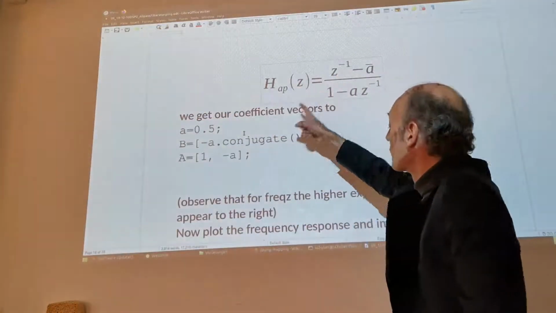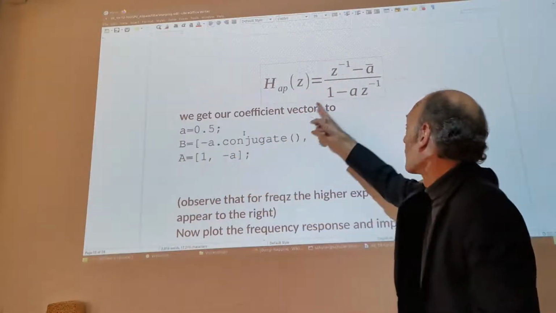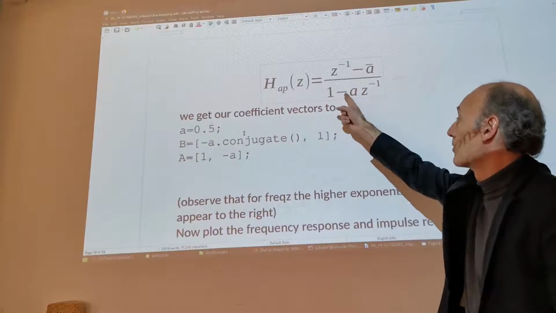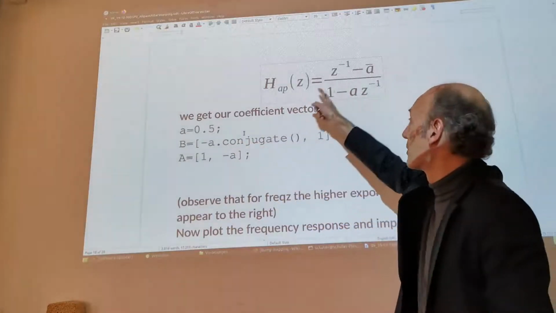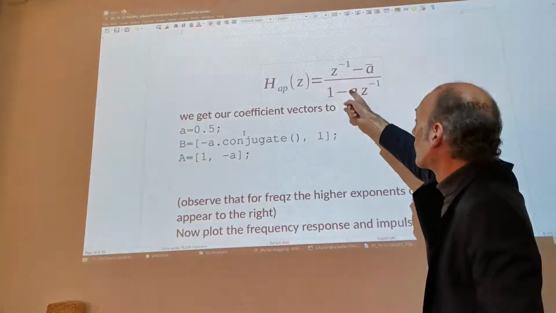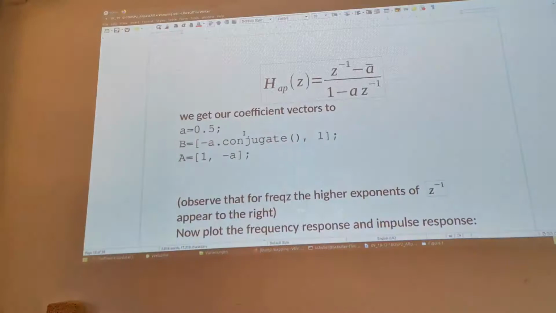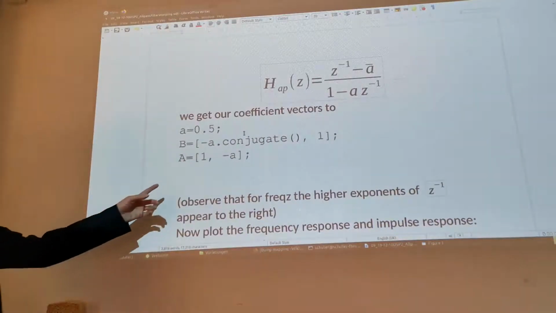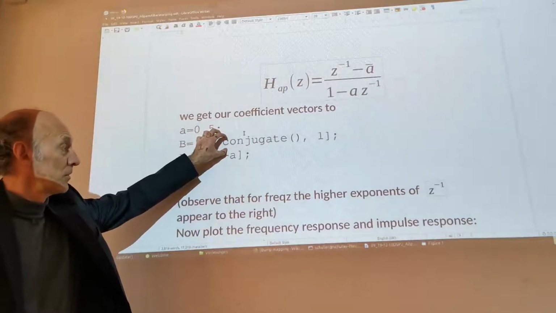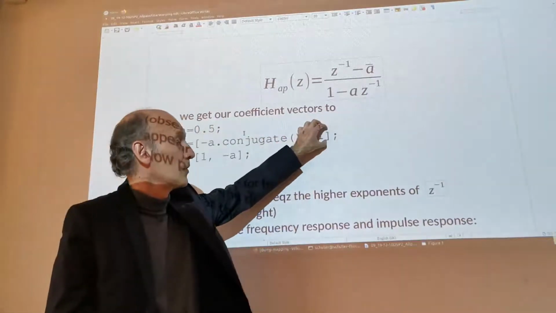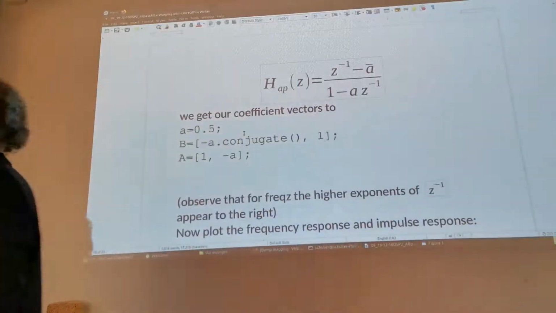The first coefficient here is for z to the 0, and the next coefficient is for z to the minus 1. So here we have a minus A. Make sense? So you're just reading out the coefficients of those two polynomials, and putting them into this array. The meaning of those coefficients is always coefficients of z to 0, z to the minus 1, z to the minus 2, and so on.